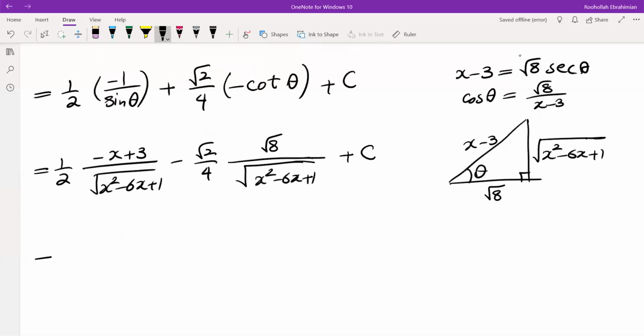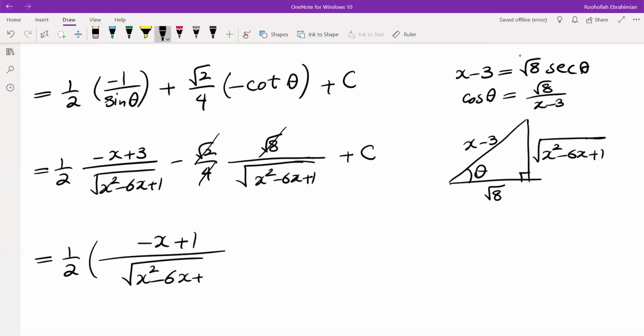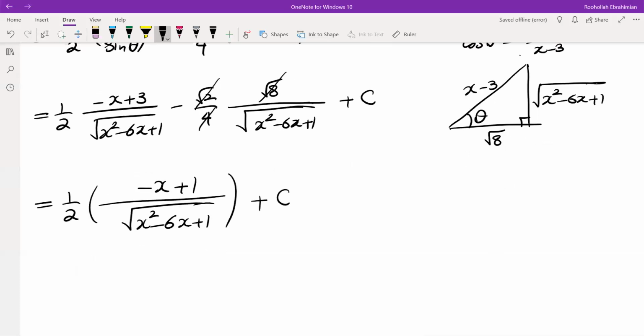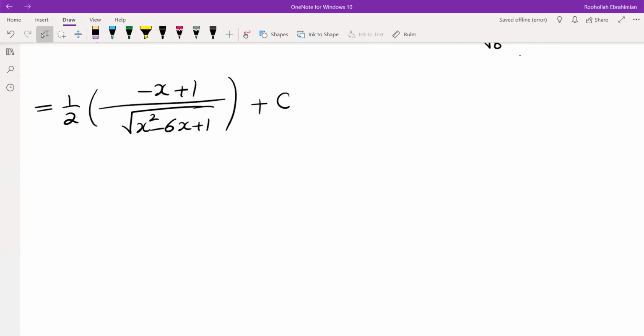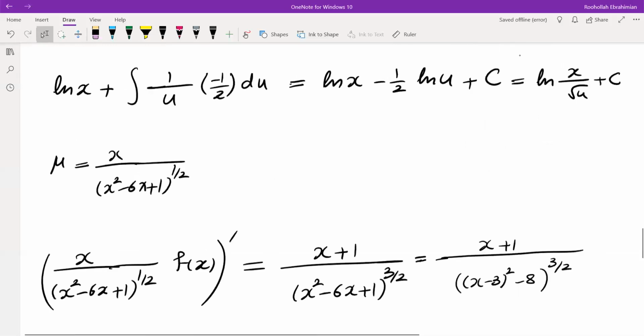If you simplify that, you can factor out a root 1/2, taking the common denominator, so these are going to cancel. I get minus x plus 1 over the square root of x squared minus 6x plus 1, plus a constant. So finally, this is the integral that I get. I don't necessarily need the constant, so I have to get rid of it using some values of f.